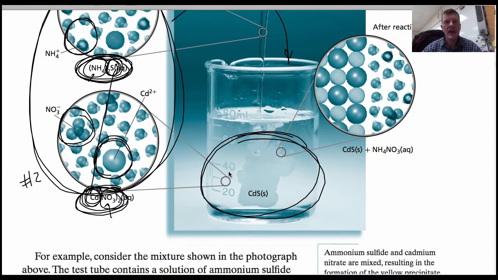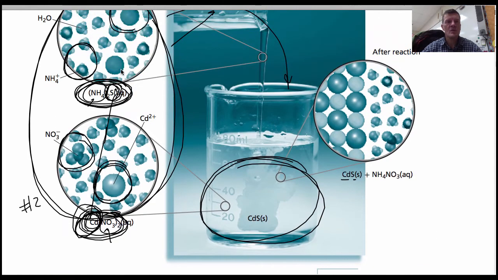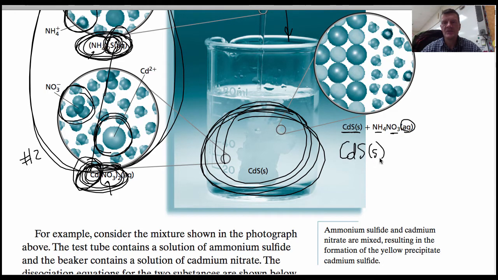Okay? So after the reaction, what you have is this cadmium from solution number 2, here it is, and the sulfur from solution number 1, there it is. They bump into each other and they form a solid, and that is this cloudy precipitate that you see right there. And then the ammonium and the nitrate, they're still aqueous, meaning they're still dissolved in water. We show them together, but really, it is CdS, there's your solid.